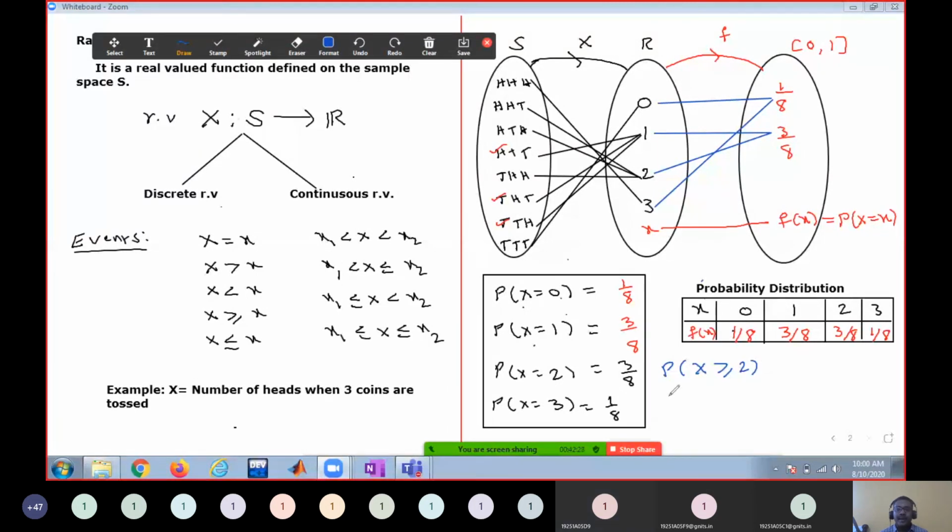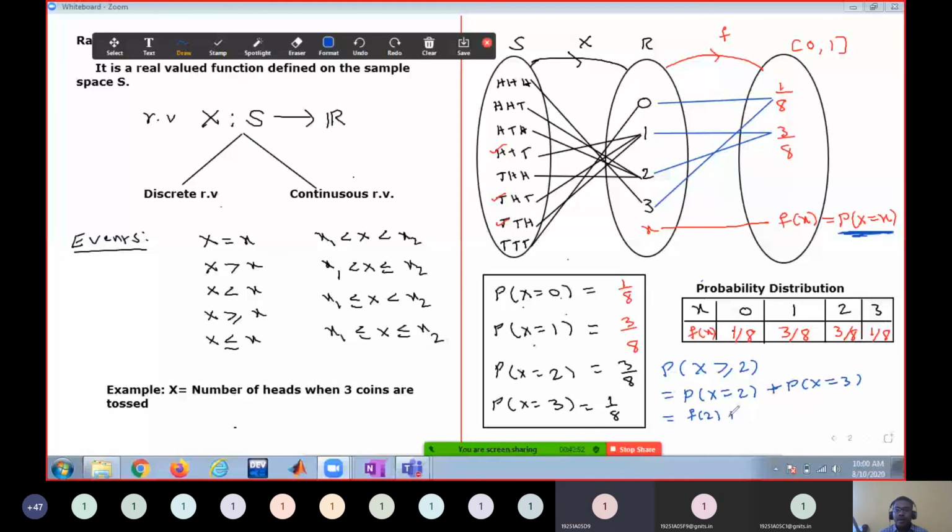This is nothing but the probability that X equals 2 plus the probability that X equals 3, that is, the number of heads is 2 or 3. P of X equal to 2 means F of 2, which is 3 by 8. P of X equal to 3 is nothing but F of 3.